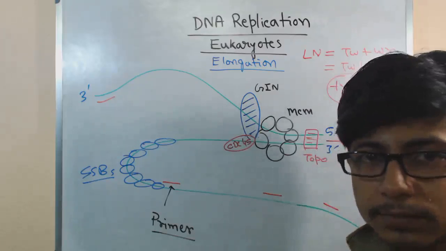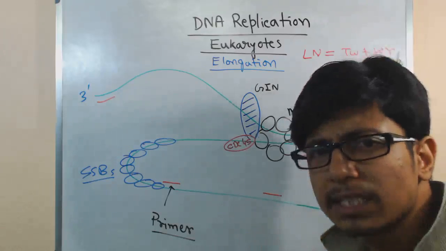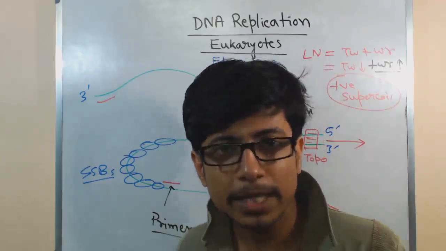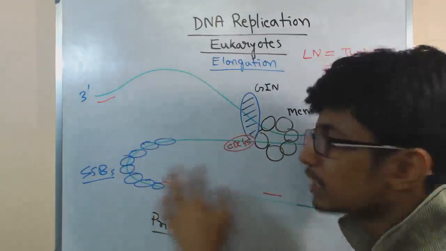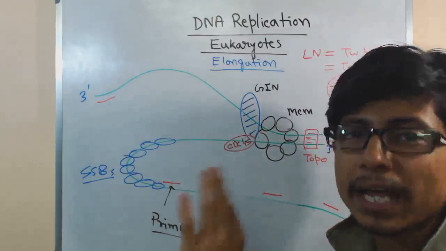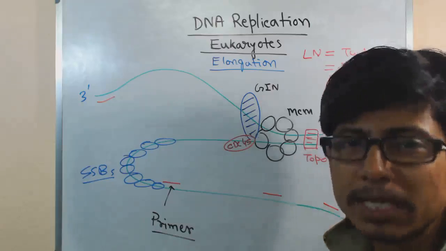Polymerase alpha is required for the synthesis of the first few stretches of nucleotides. These are the RNA primers, and they are added by the enzyme primase, or PRI.